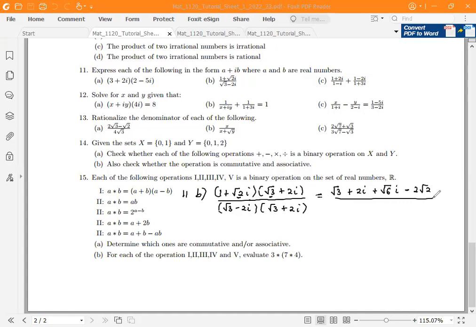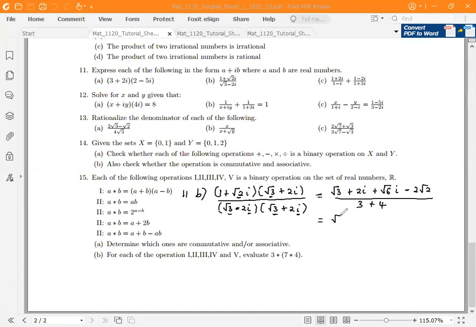And then divide by root 3 times root 3, you get 3. And then i times i, you get -1, which makes it plus with this minus that is here. And then 2 times 2 is 4. So you now separate.